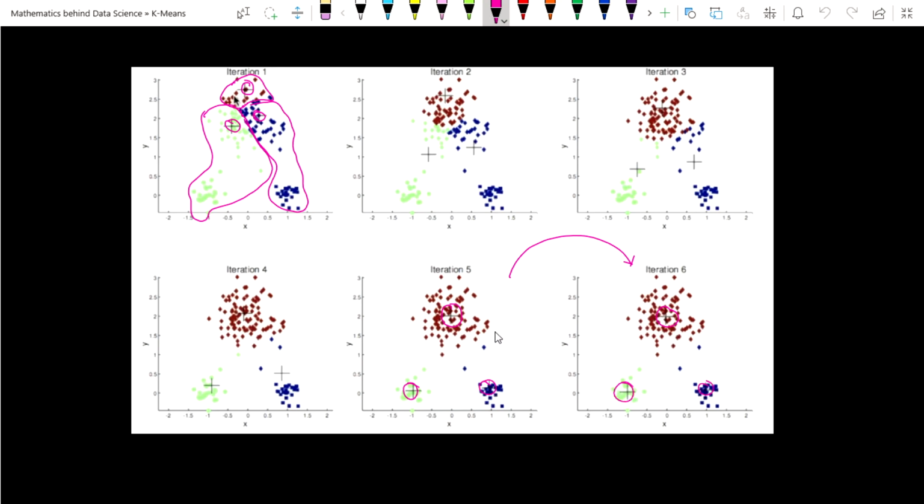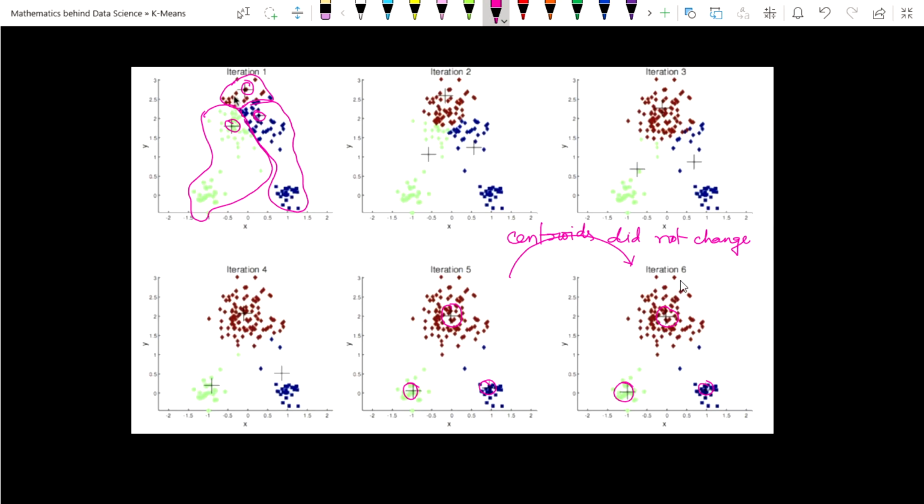These centroids are not much changed, so the centroids did not change. If the centroids did not change, we can stop our algorithm. It means our algorithm has now converged.